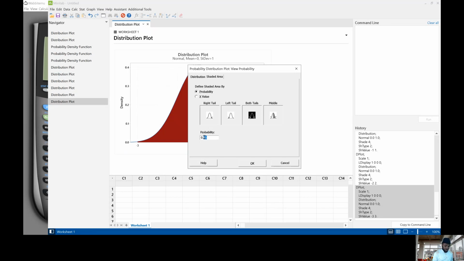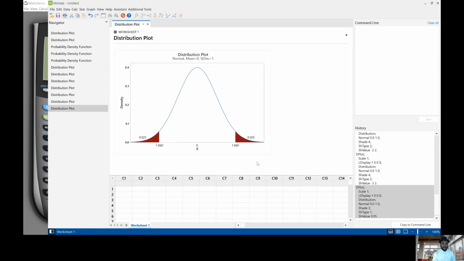So if you add both of them together, what does that give us? That gives us 0.05. Okay, so we enter here 0.05, and that will divide this into both tails. So one tail will be 0.025, and the other tail will be 0.025.